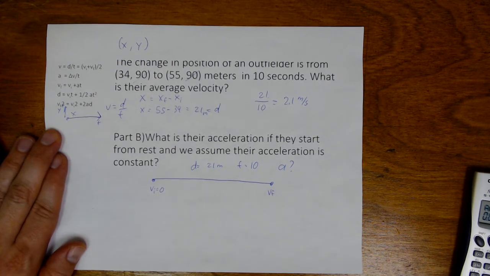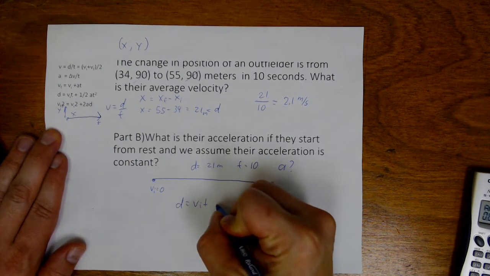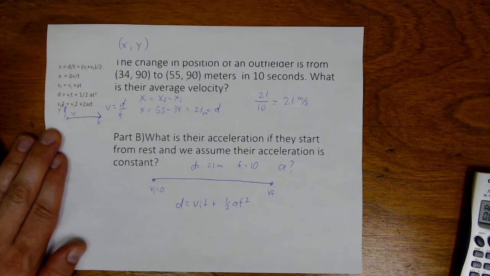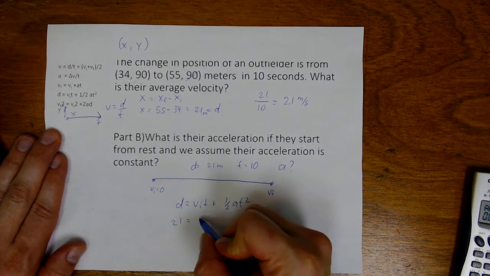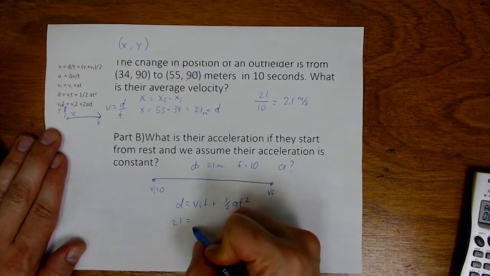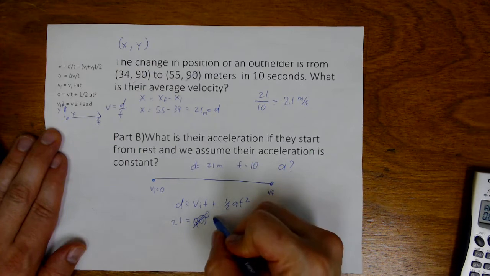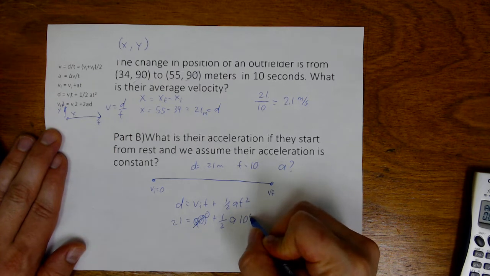All right, so our equation: d equals v of i times t plus 1/2 a t squared. So d is 21, v of i times t is going to go out to 0 because v of i is 0 there, and t is 10 seconds. But it's 0 times 10, 0, plus 1/2 acceleration times time, so we've got 10 squared.